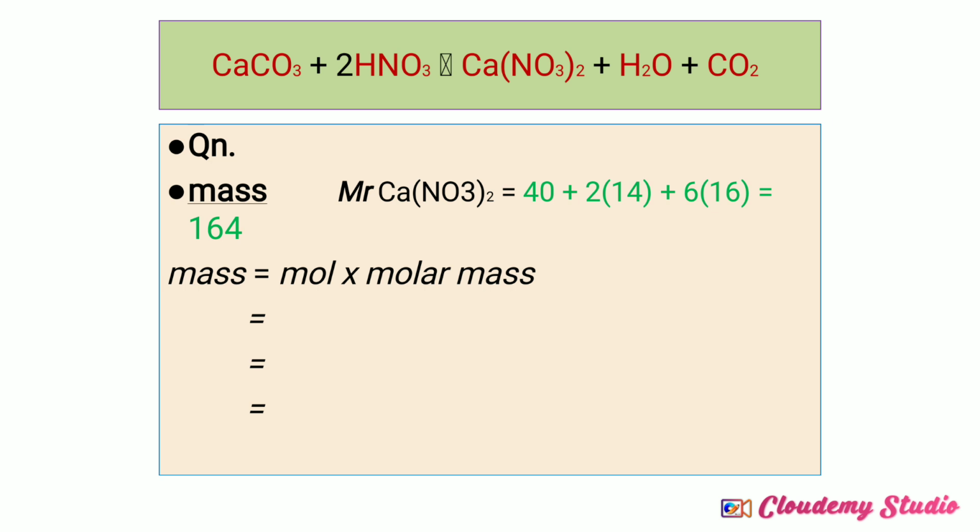The number of mole for calcium nitrate what we have got in the previous step is 0.15. That has to be multiplied by the molar mass, that is 164. So if you are multiplying, what will be the result? The result is 24.60.